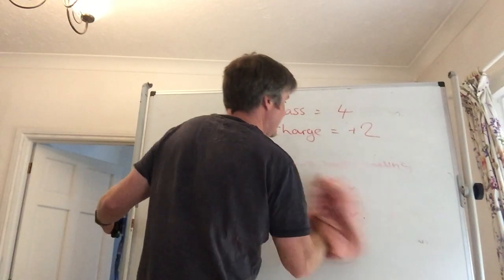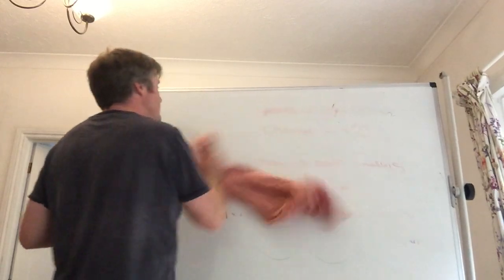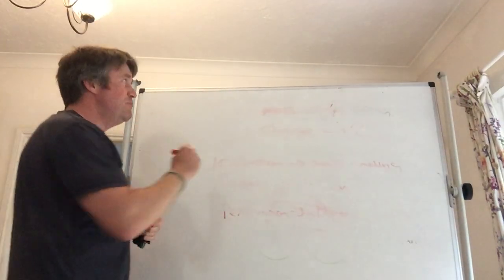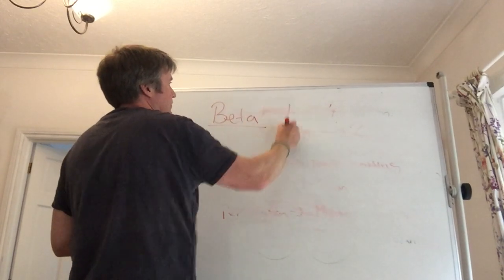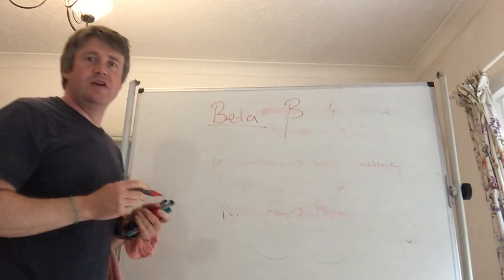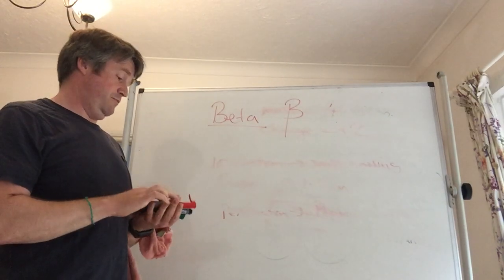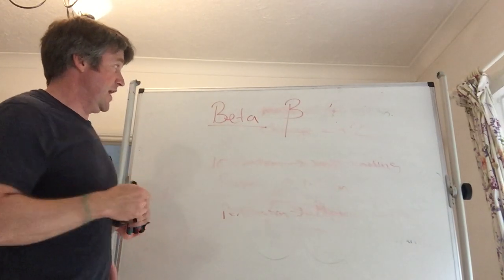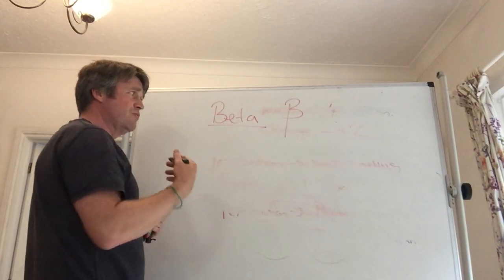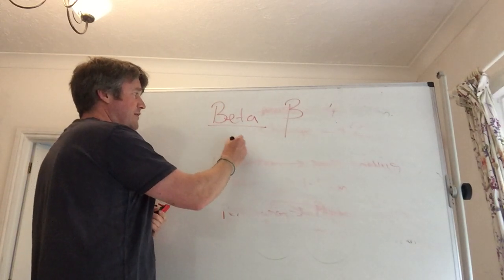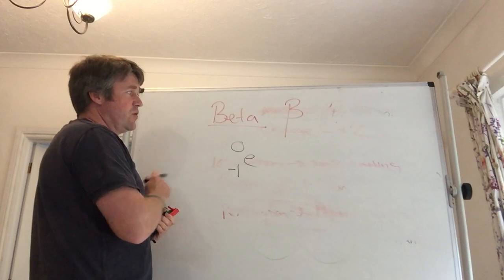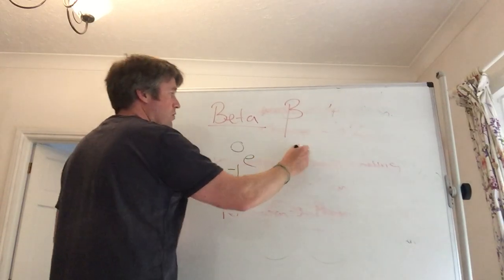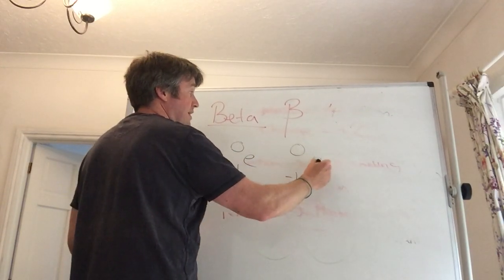Now, the next one we need to know about is beta. So, beta particles. That has the Greek symbol for beta. When you see this written in nuclear equations, it can be written like this, or you might see it written like that.